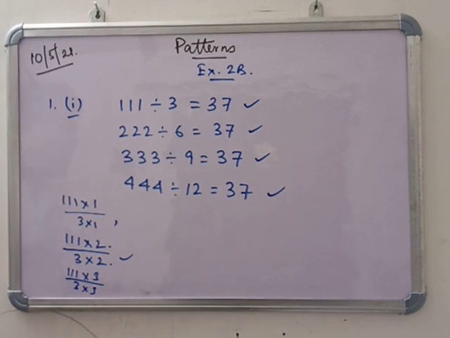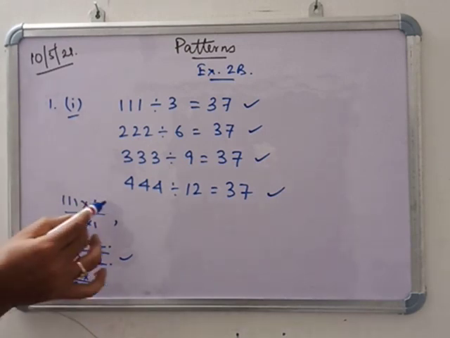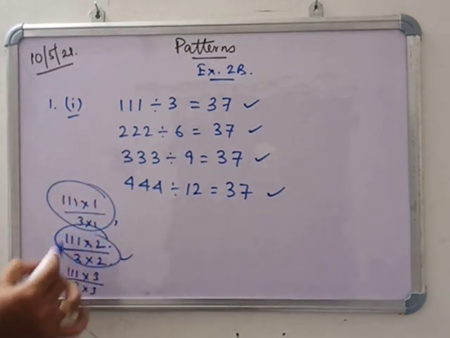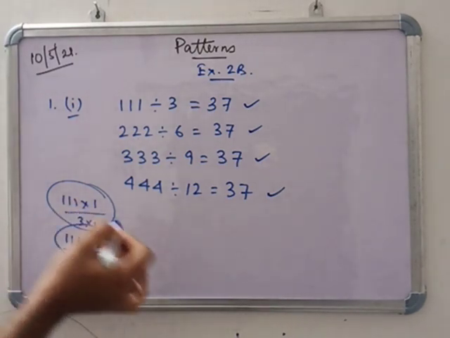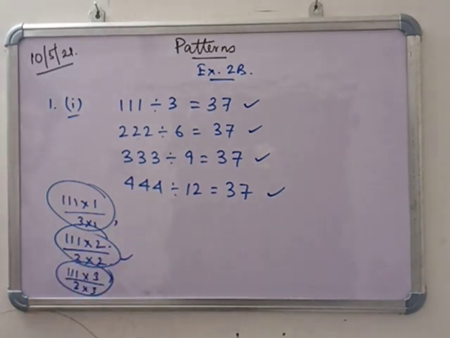So all of them belong to 37. This is the pattern here. So 111 into 1 by 3 into 1, similarly 111 into 2 by 3 into 2, 111 into 3 by 3 into 3, and 111 into 4 by 3 into 4. The same pattern will be there.